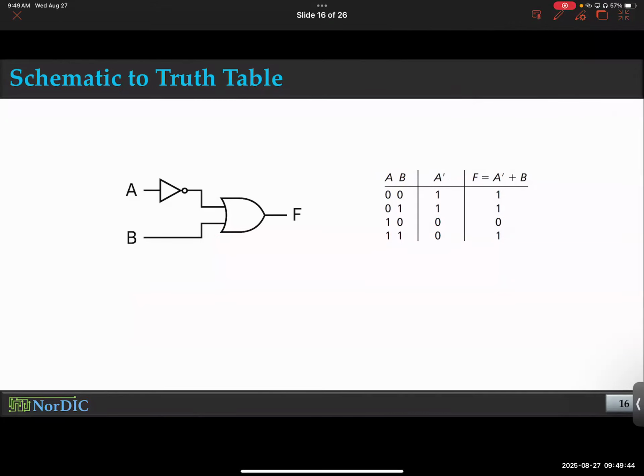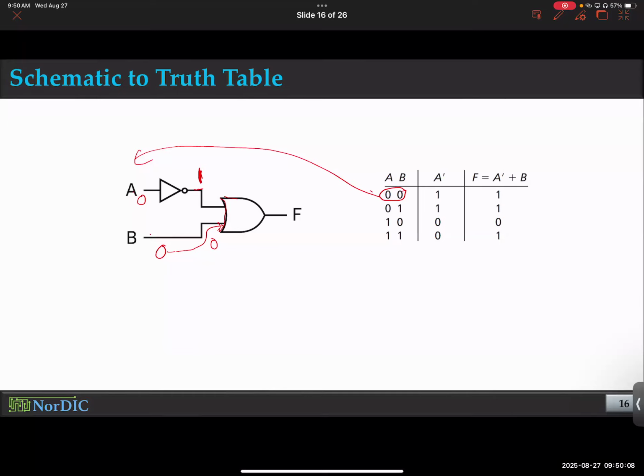And then one way you could do it is put in this row here. So A equals 0 will give you 1 because this is an inverter. B equals 0. So you have 0 here. This is an OR gate. You just have to remember the OR, AND, and invert. These are the foundational and fundamental logic.